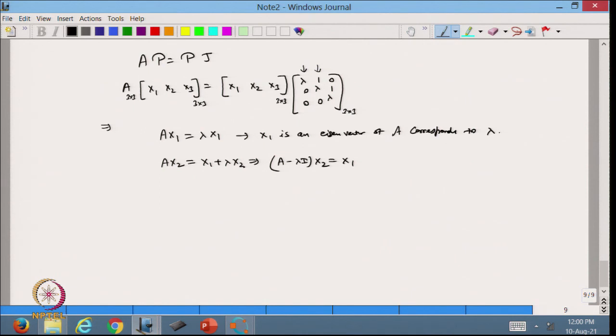Now, this is what we are able to write. What I do is multiply by lambda I on both sides, so I get lambda square x2, A minus lambda I x1. I just multiply with this matrix, and A minus lambda I x1 is equal to 0, so from here I can get this value 0.